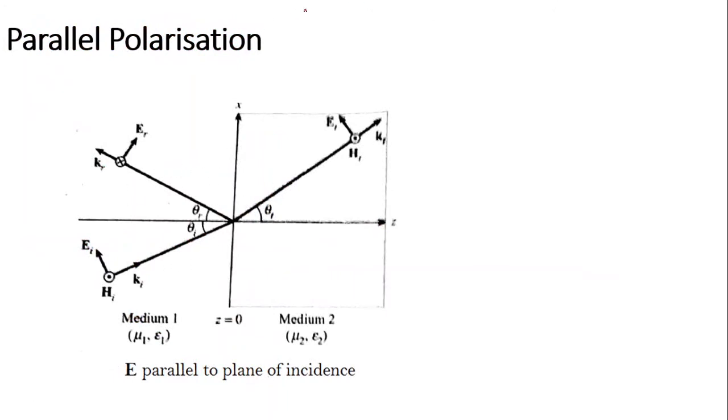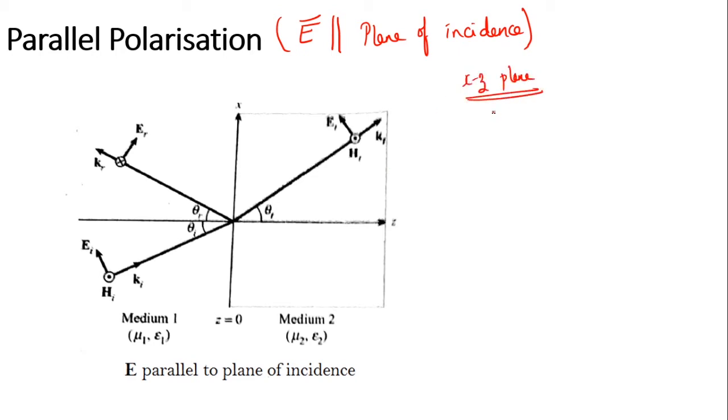Okay, parallel polarization means, what did I say? Parallel polarization means vector E is parallel to the plane of incidence. Okay, so what is the direction? So here the plane of incidence will be the XZ plane. Okay, XZ plane is the plane of incidence.